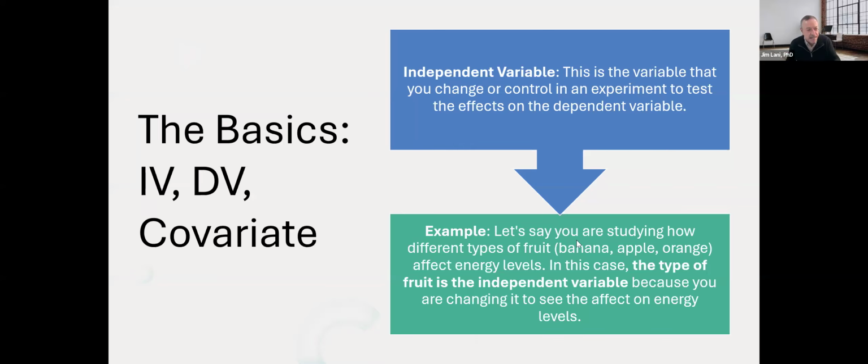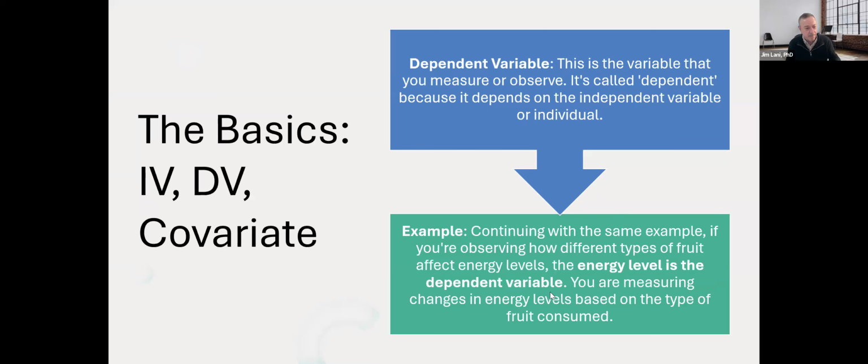So in this example here, the IV is going to be fruit, different types of fruit. Okay, the DV is maybe the sugar content or the energy level or fructose that's in there. All right. I didn't go into covariates, but those are things that we want to control for or neutralize the effect for.